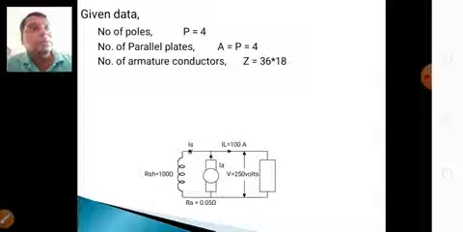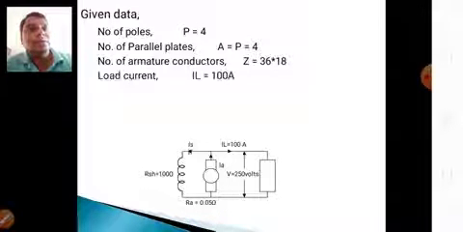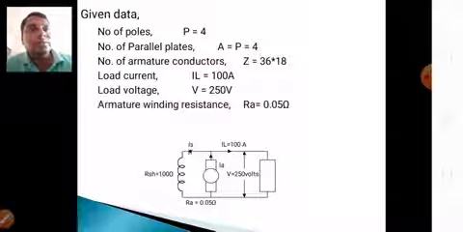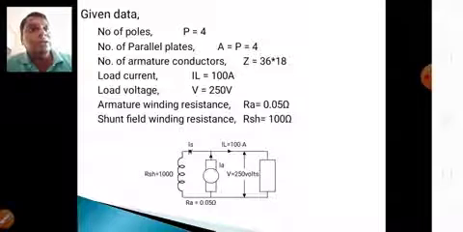Total number of conductors Z equal to number of slots into conductors per slot. Load current IL equal to 100 amps, terminal voltage 250 volts, armature winding resistance Ra is 0.05 ohms and shunt field winding resistance Rsh is 100 ohms, right? Flux per pole is 0.03 webers.